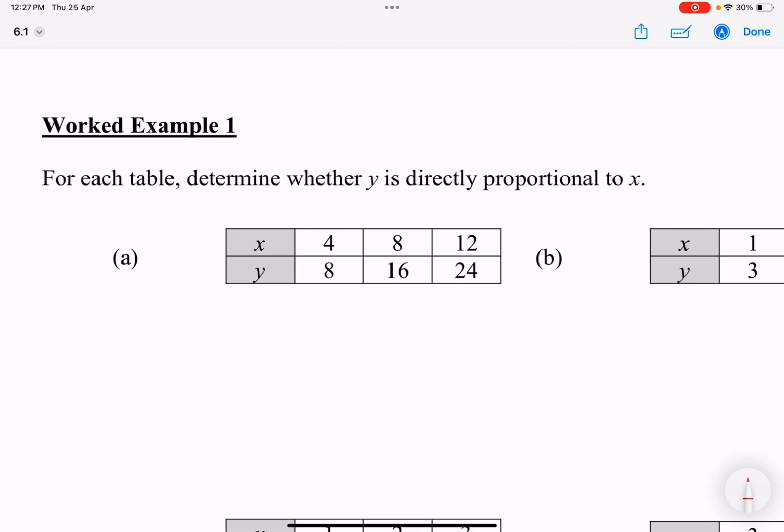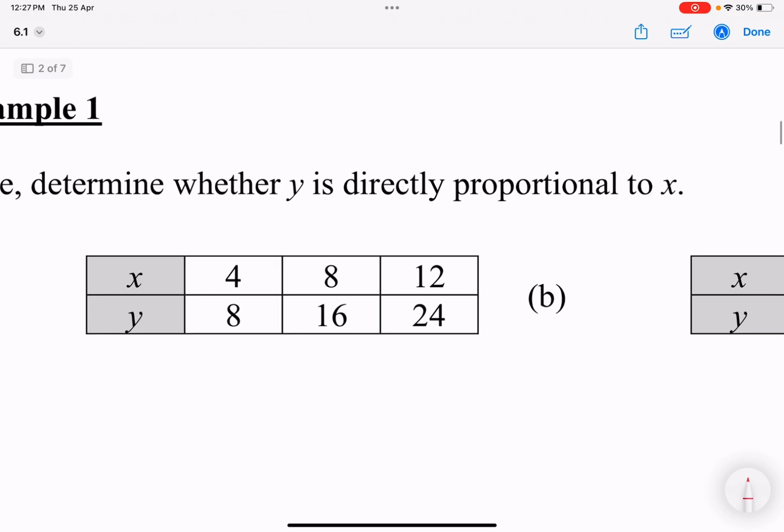For each of the following tables, determine whether y is directly proportional to x. Okay? So like I said, direct proportion means one thing. As your x increases, does your y increase or not? It does, right? So this is the first criteria. But the second criteria is that it must increase by the same amount. Okay?